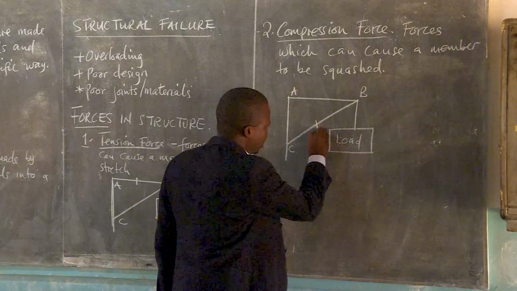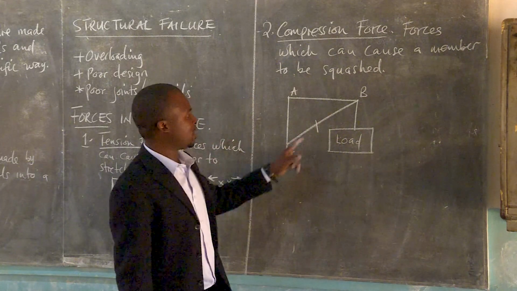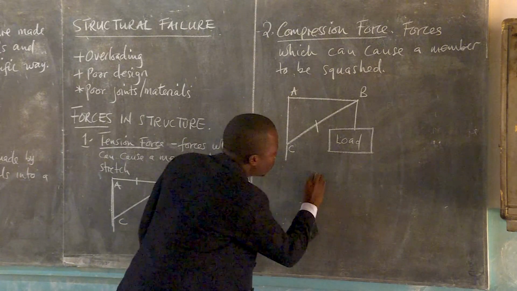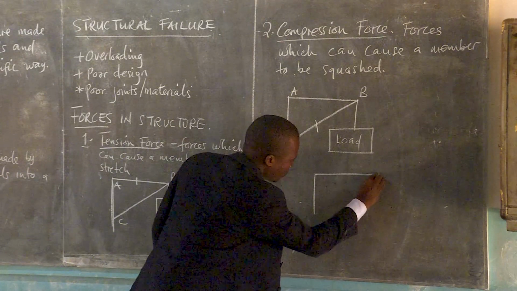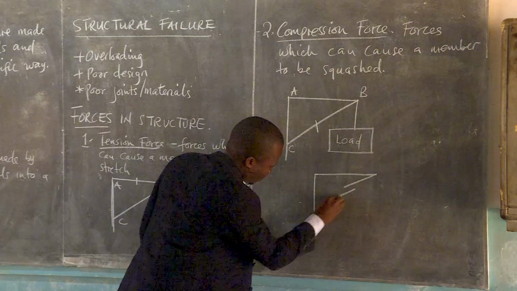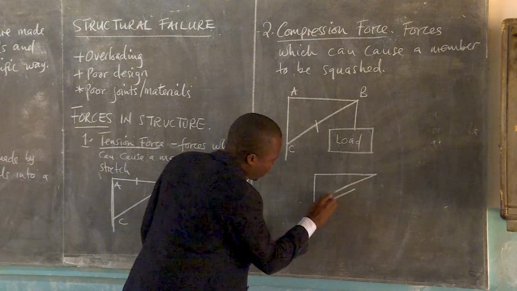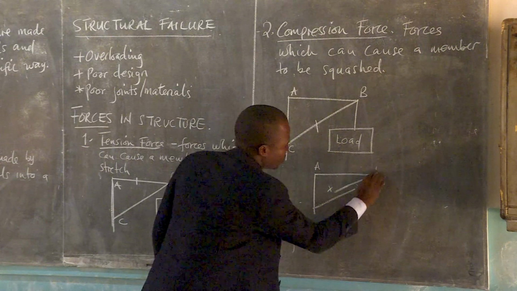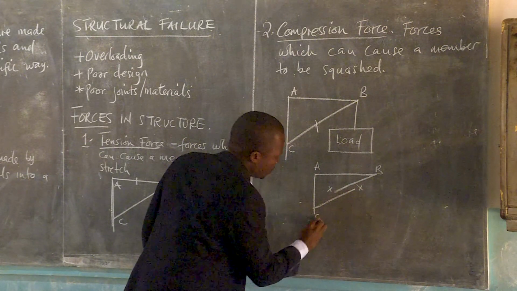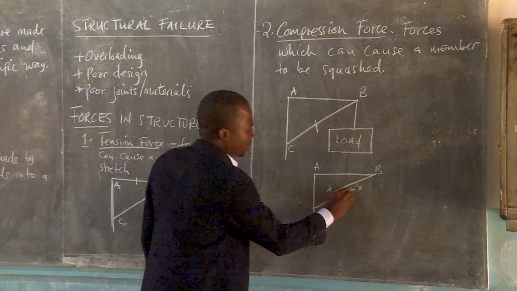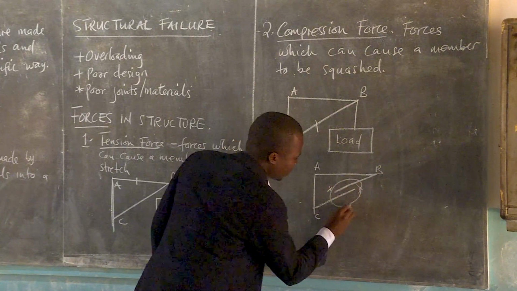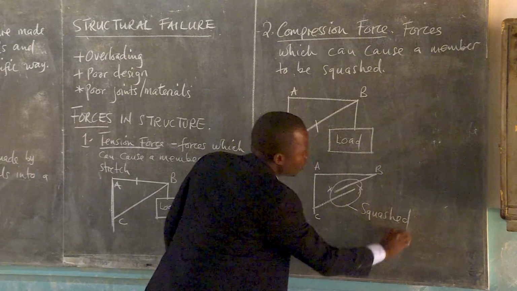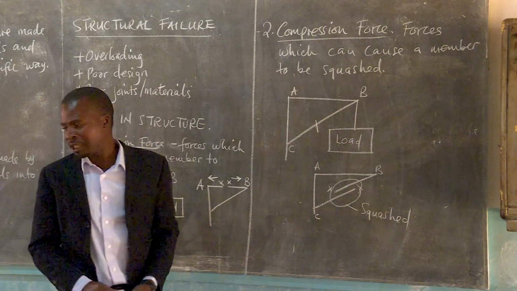When BC breaks at this point, the structure is going to be like that: A, B, C. Meaning here, they have squashed due to compression forces.